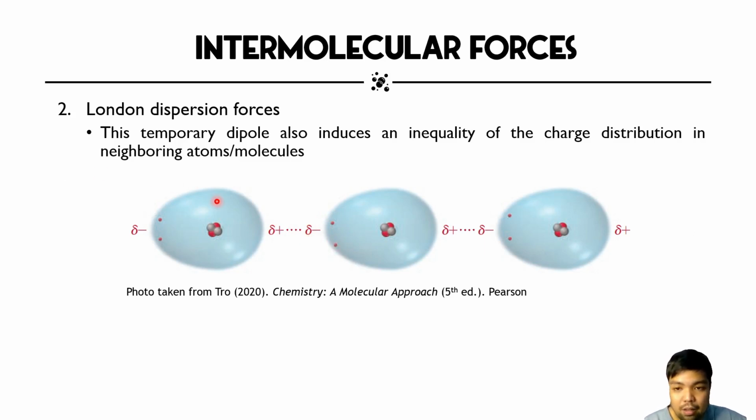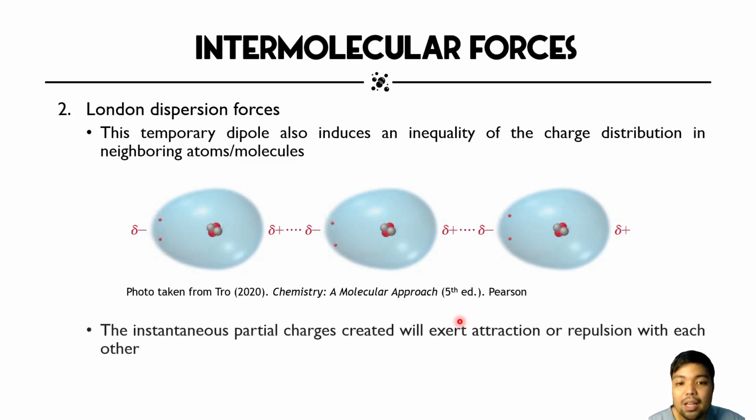Thus, it will be a cascade creating a temporary dipole in the rest of the bulk of the atoms, and this instantaneous dipole that is created will exert electrostatic attraction or repulsion with each other. So it's like dipole-dipole interactions, but only for a brief moment.